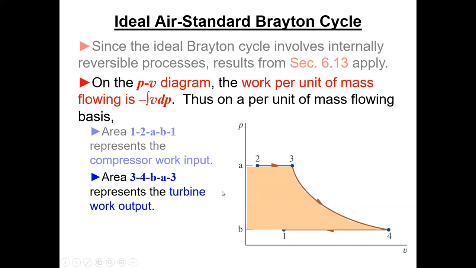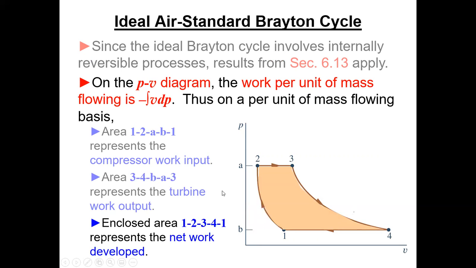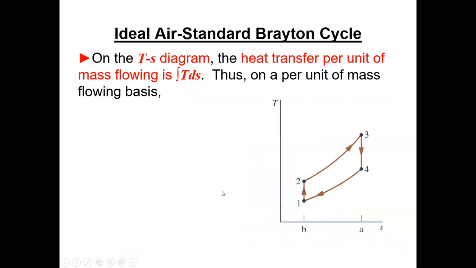The turbine work output represents that whole big area from the pressure axis, the y-axis, all the way over to the curve. And the enclosed area represents the net work, which is going to equal the net heat. So we should be good on that. Okay, and so again, for internally reversible, we also have the areas under the T-s diagram.